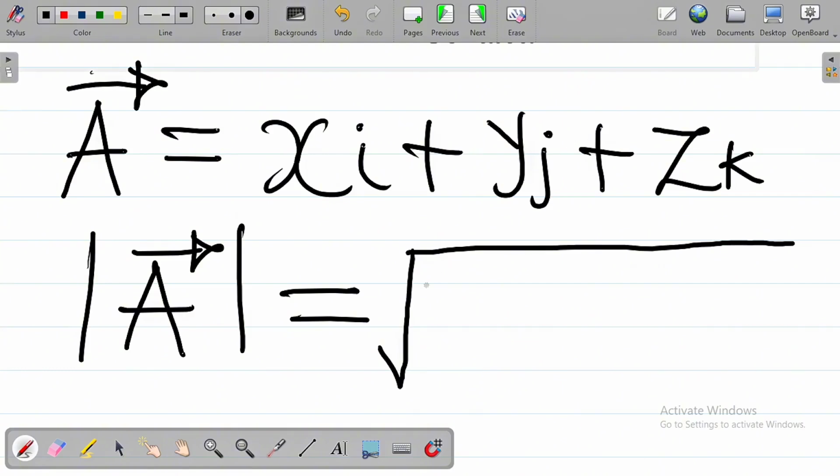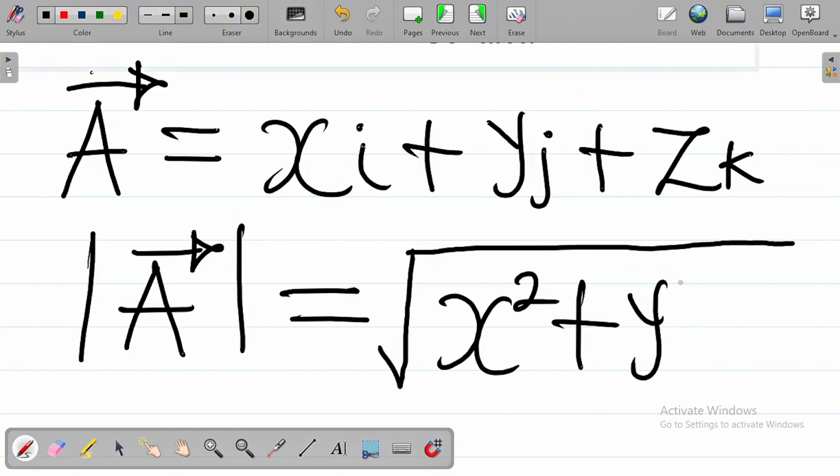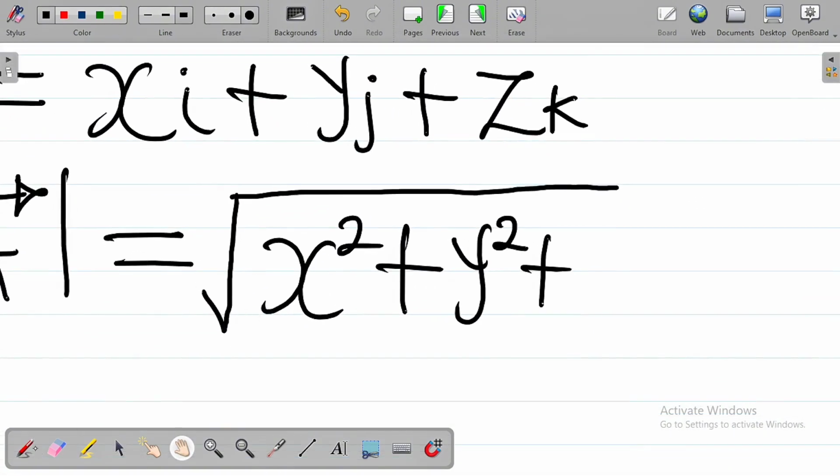The coefficient of i is x, so we have x raised to power 2, plus the coefficient of j is y, so we have y raised to power 2, and then plus the coefficient of k is z, so we have z raised to power 2.